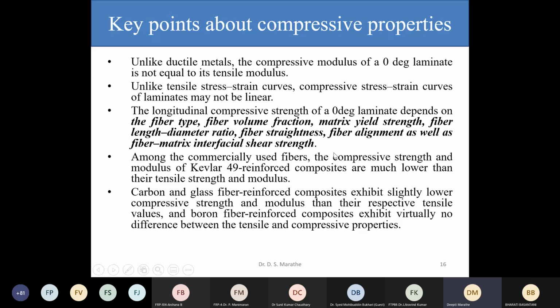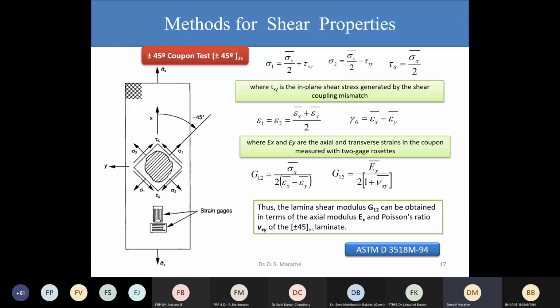Now the next very important property for laminates or composites is the shear properties. Till now, I have characterized my lamina and found E1, E2, mu12, and mu21, all by using tensile properties. I have also tried to find the longitudinal and transverse tensile strength.